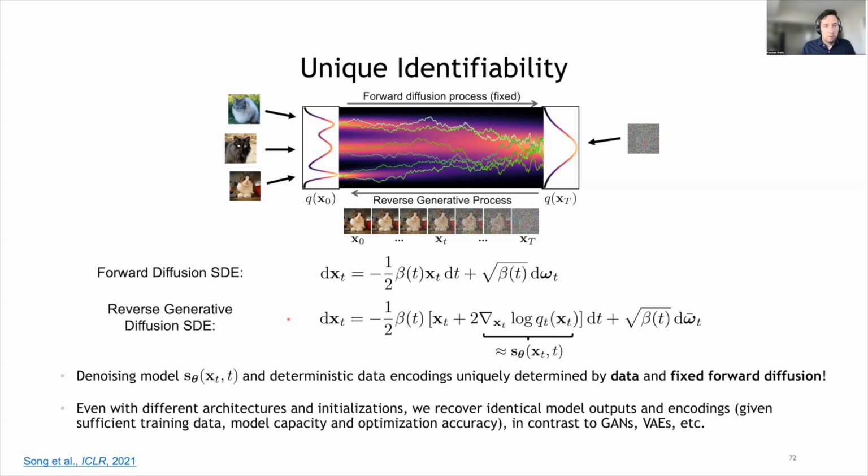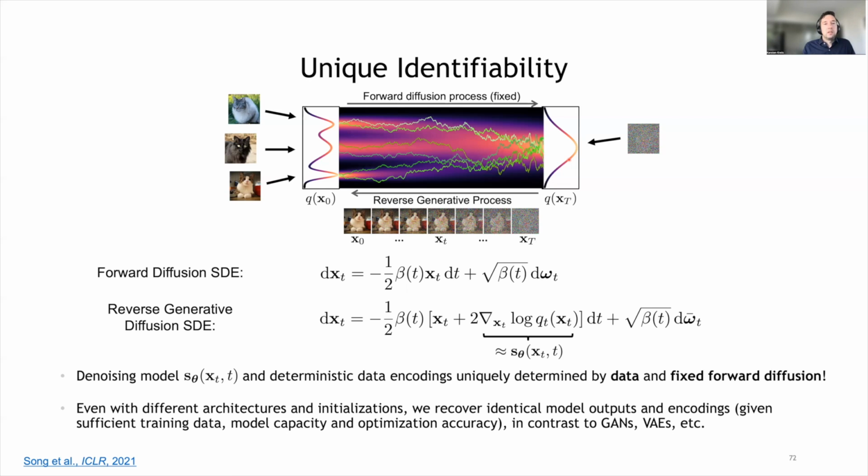And not only the score model, but by learning the score model, also these data encodings that we obtain by using the probability flow ODE to deterministically encode data in the latent space. All this is uniquely determined by the data and the fixed forward diffusion.